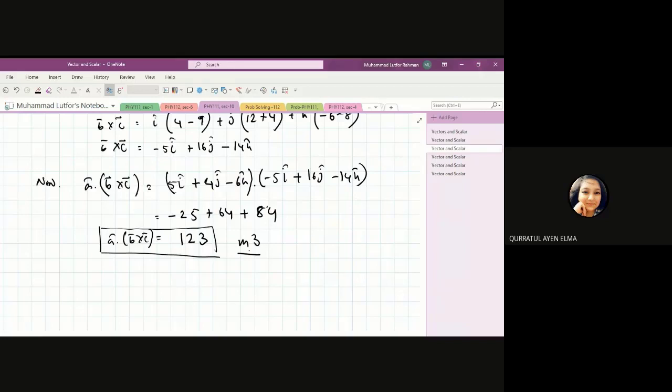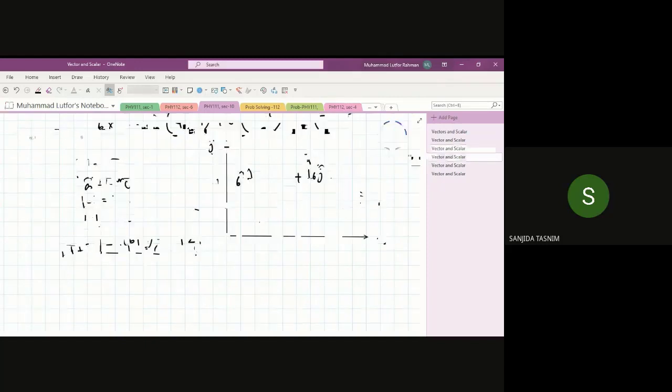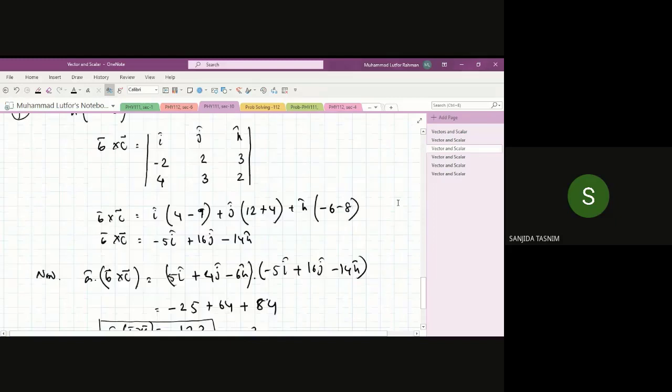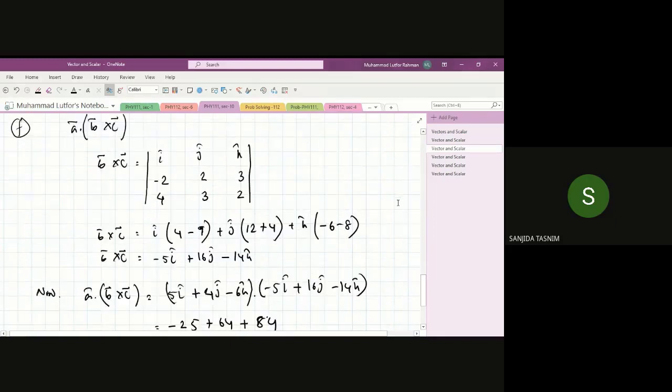No, sir. It's very straightforward, right? Sir, I don't understand the multiplication. Which one? The determinant multiplication for cross product? Yes. Basically we talk about the determinant.